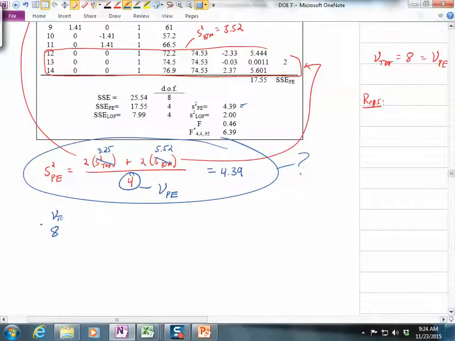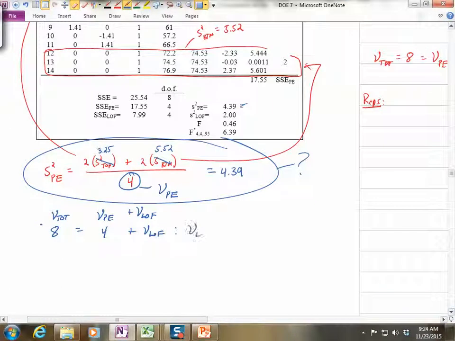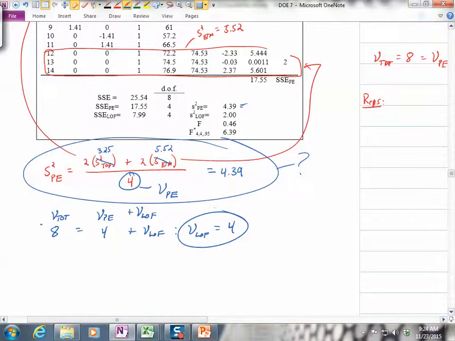degrees of freedom total given to us by regression equals degrees of freedom of pure error plus everything else. So by subtraction, we get the degrees of freedom in everything else.